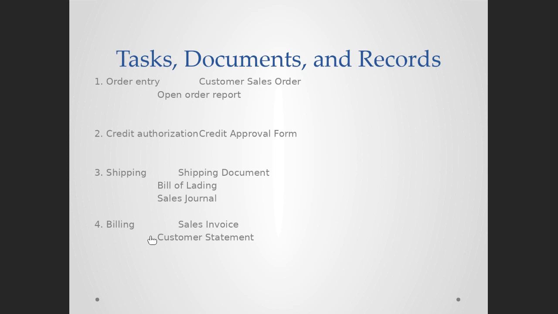So if it comes in the first week of February, it will show the shipments made in January, and the payments that were received from the buyer during January. So the customer statement is more comprehensive. It gives you an overview of the transactions that took place over a period of time, which is usually a month. Okay, the customer statement is usually for a month.